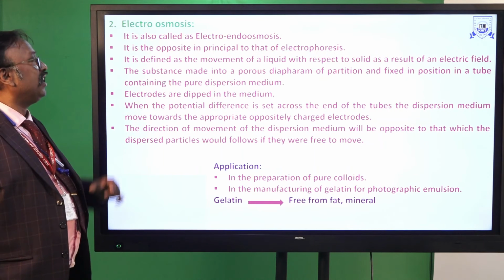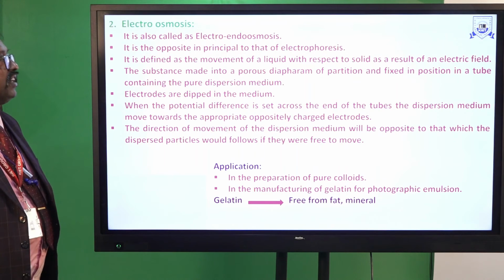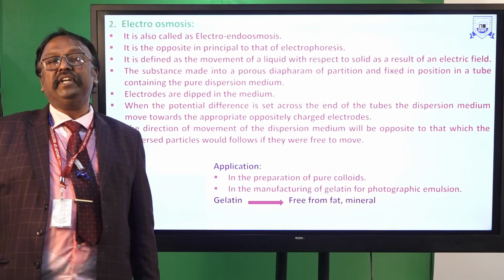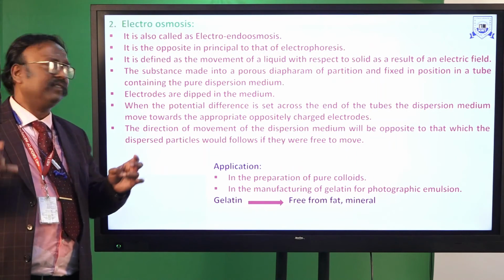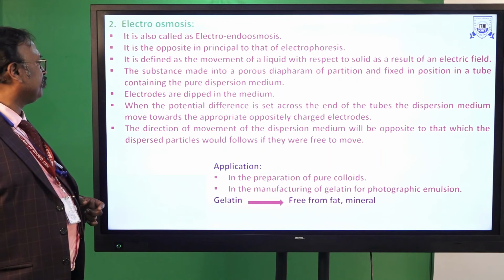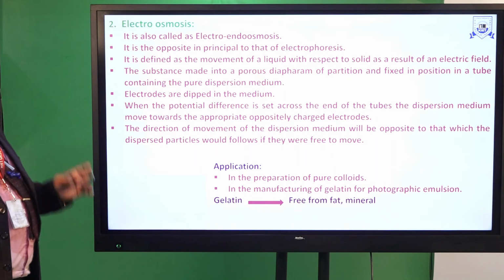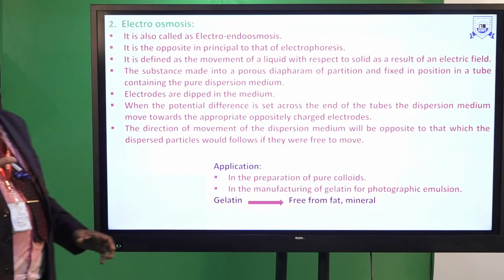The substance is made into a porous diaphragm or partition and fixed in position in a tube containing a pure dispersion medium. Electrodes are dipped in the medium, and when a potential difference is applied across the ends of the tube, the dispersion medium moves towards the oppositely charged electrode.